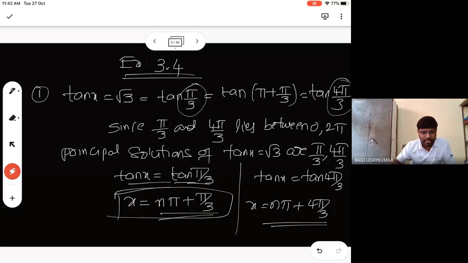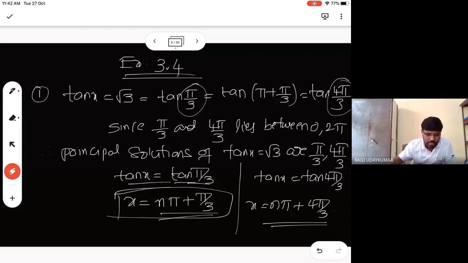I think you understood the question. Did you understand? I am explaining this much to help you understand the concept. Both are right only. Here, in the place of y in tan x equal to tan y, you can take pi by 3 or 4 pi by 3.